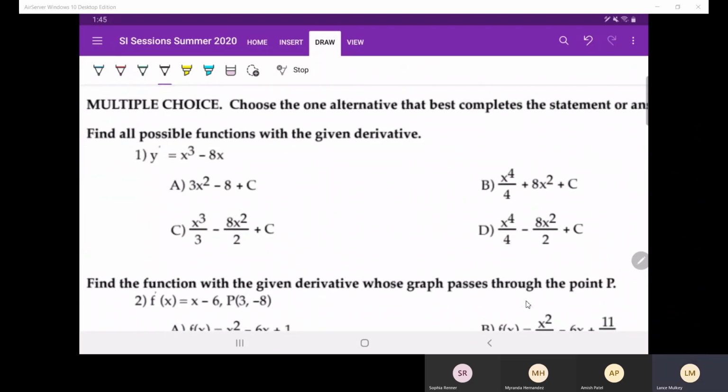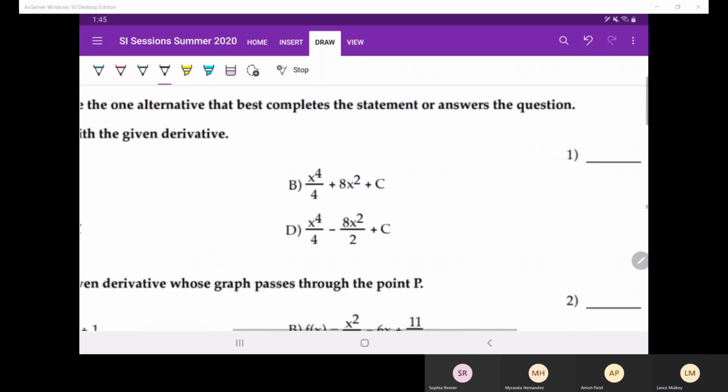All right, for this problem, y prime, the derivative of y, equals x cubed minus 8. That's what this problem's saying. So, remember that formula I told you?